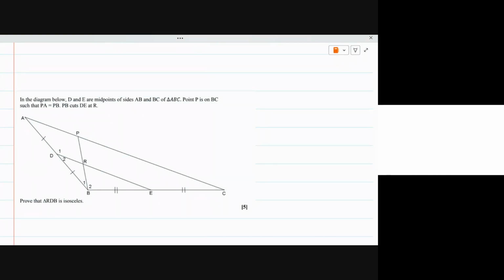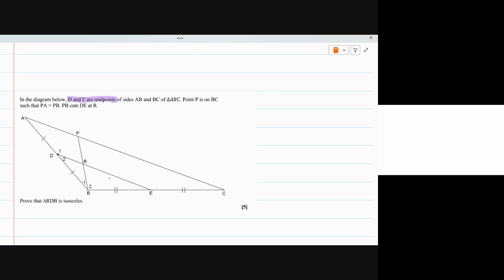First thing we're always going to do, remember, we always read the information. Let's read the information we've been given. It says here, in the diagram below, D and E are midpoints. Good. They've told us that they're midpoints.